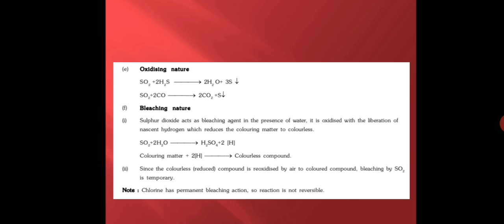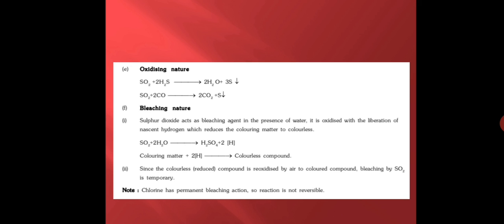Now, apart from reduction and oxidation, sulfur dioxide also shows bleaching nature. Bleaching means the ability to convert a colored substance to a colorless one. So sulfur dioxide acts as a bleaching agent, but this particular property is shown only in presence of moisture, because in presence of moisture nascent hydrogen will be released.